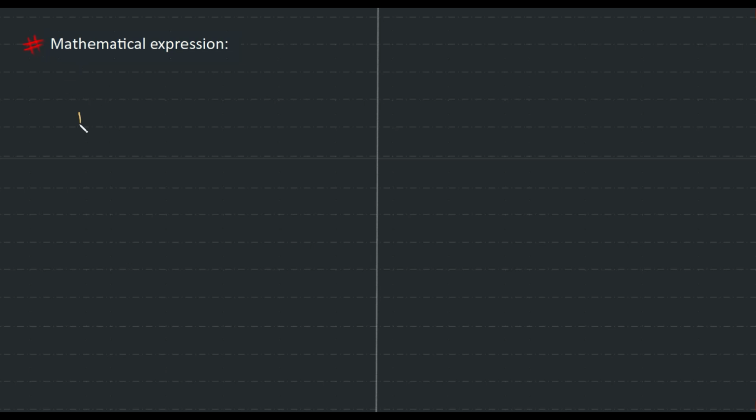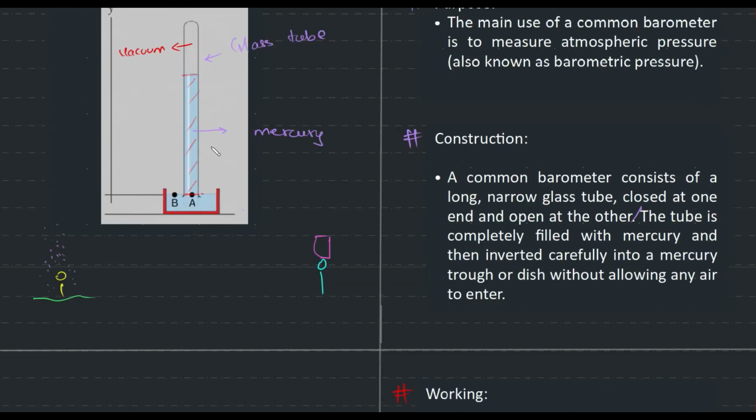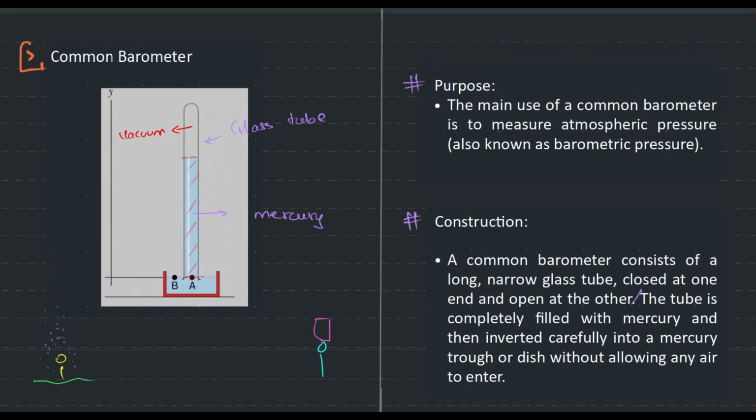So let's move on. The math would be P is equal to P naught plus rho GH, right? Okay, so let me complete the diagram. So this is my H technically. The pressure over here is, again, call it as PA.